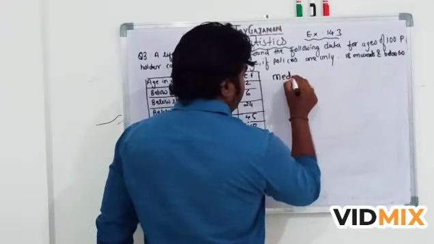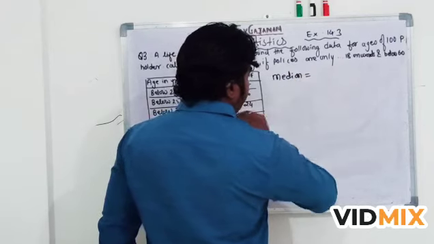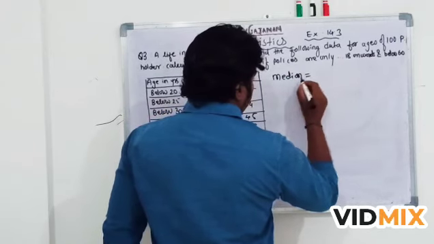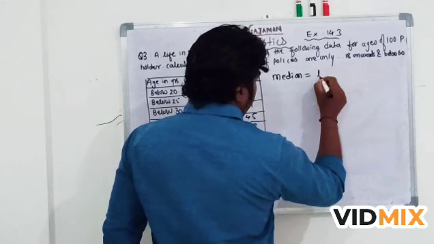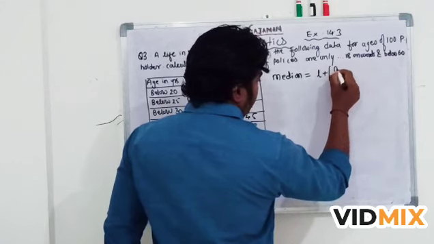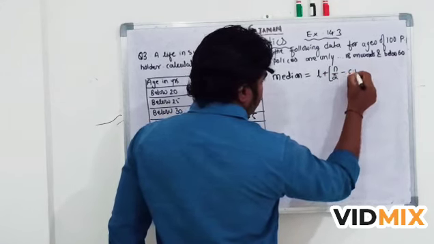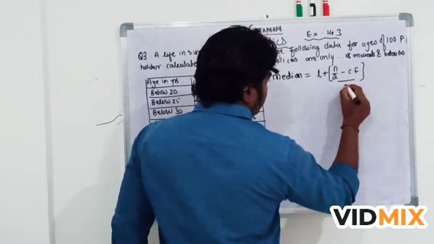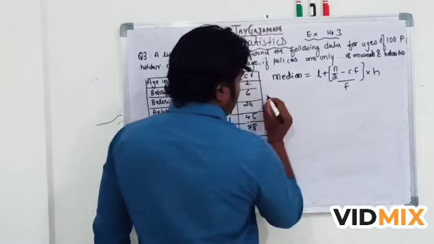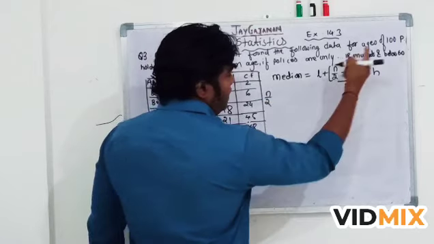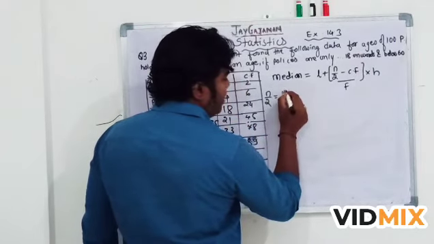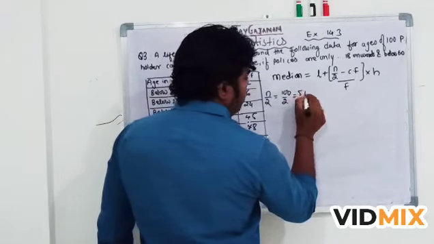So the median is equal to the formula: L plus n by 2 minus cumulative frequency upon frequency into H. What is n by 2? N is already given, that is 100 upon 2, that is equal to 50.